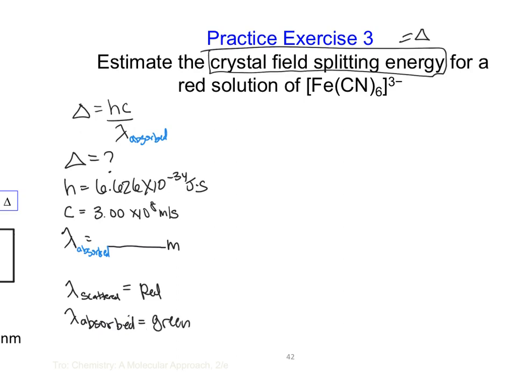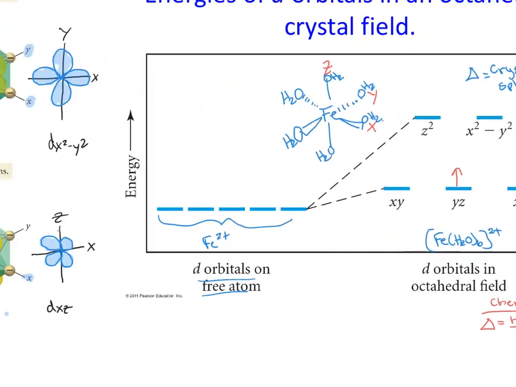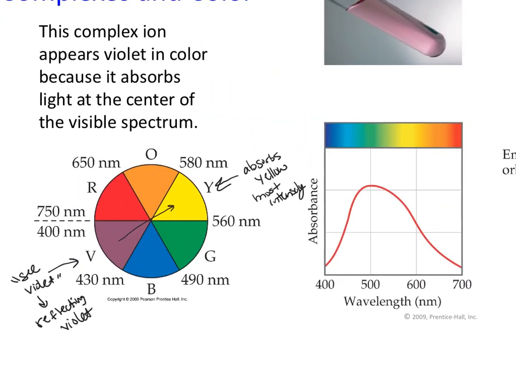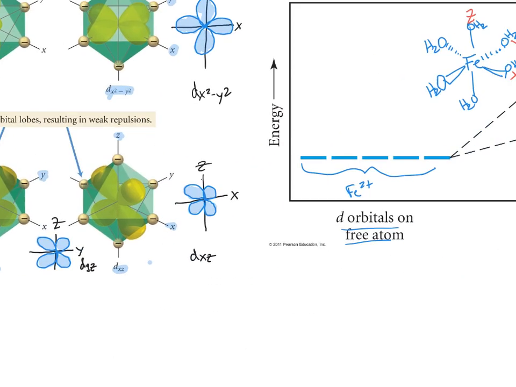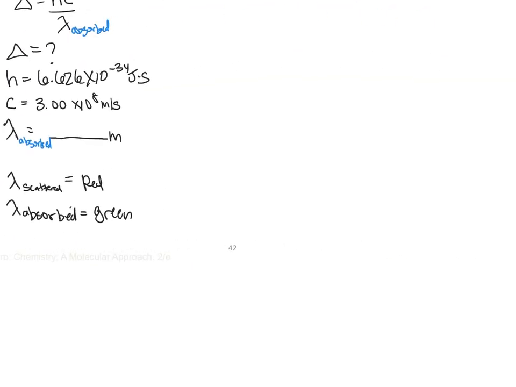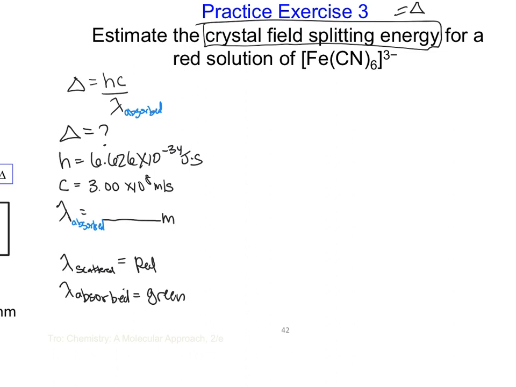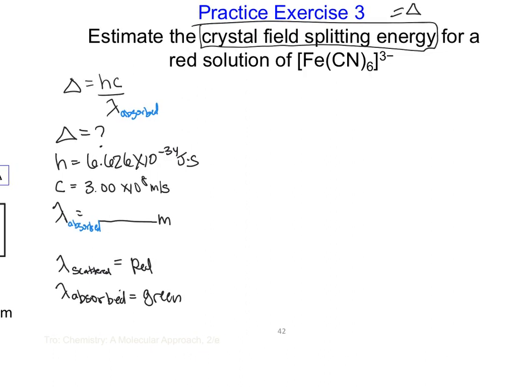And a reminder where that came from, if I can get back to this first slide quickly. Our color wheel. So if I see a solution that is red, that means it is reflecting red, absorbing green, and that's the wavelength that we need to use for this problem. So I'm absorbing green, and I would give this to you, that the midpoint of green is 525 nanometers.